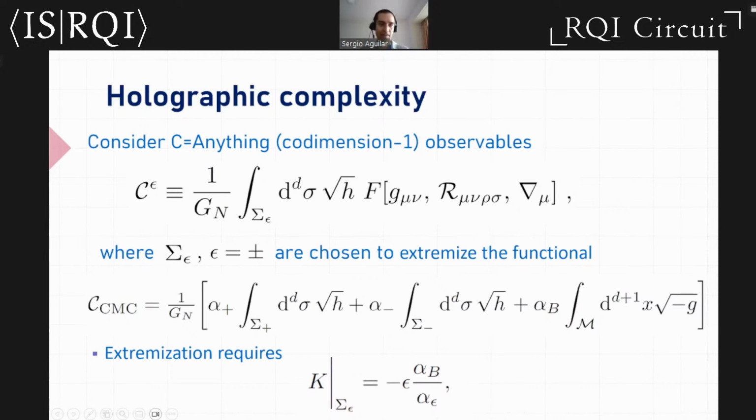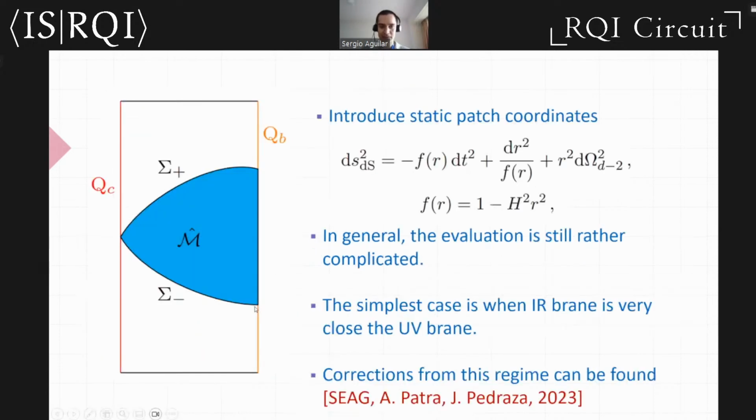In that way, you can have a covariant notion of some observable, and you can find that the extremization of this sum of weights of different codimension-0 and codimension-1 volumes tells you that the extrinsic curvature of these slices has to be a constant given by the particular weights that we're using.